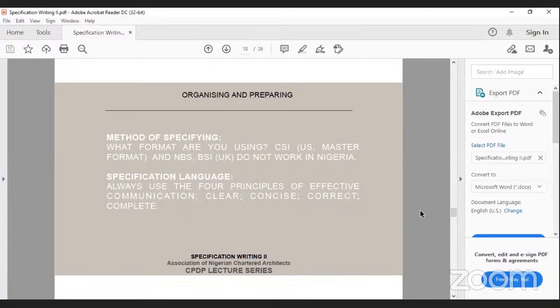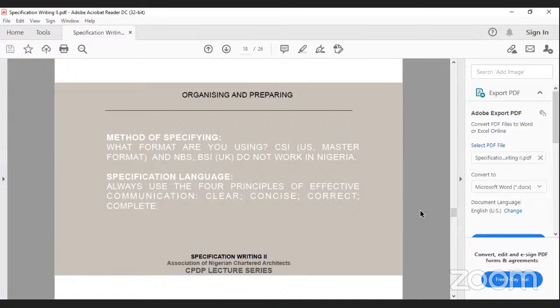Say gypsum board. Gypsum board already has a number specified in MasterSpec. So if you type in BS 12345, everybody in that environment knows you're talking about gypsum board. Irrespective of who you are, if you are a manufacturer of gypsum board, there is a code you will use for your material that will be understood by all the designers and contractors. We don't have that level of development in Nigeria.